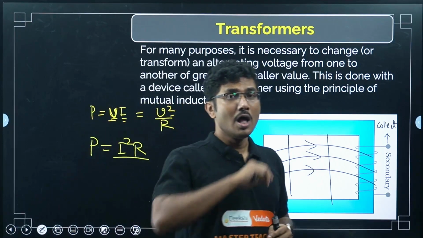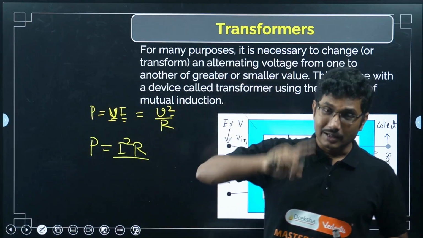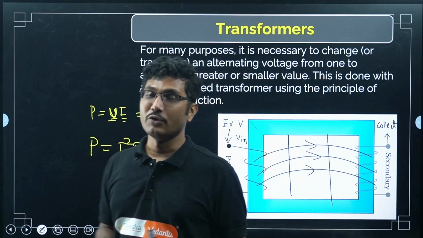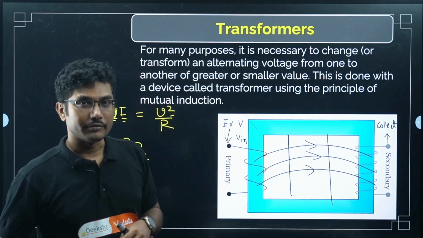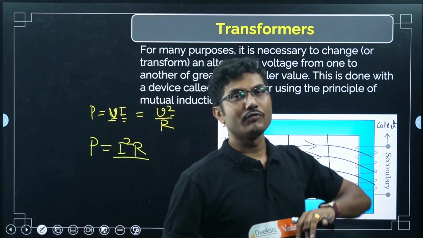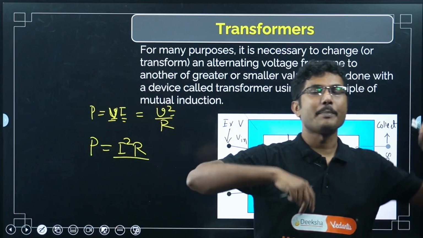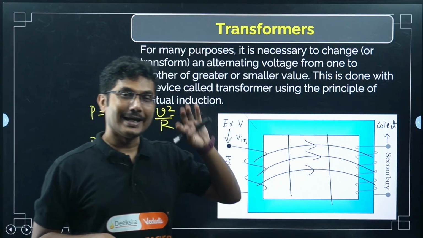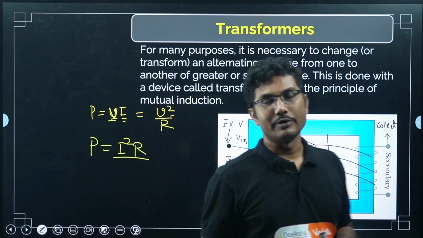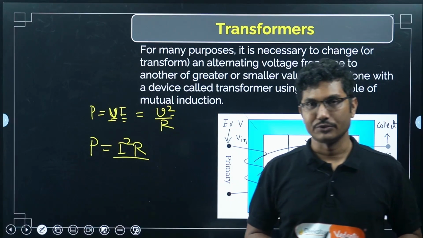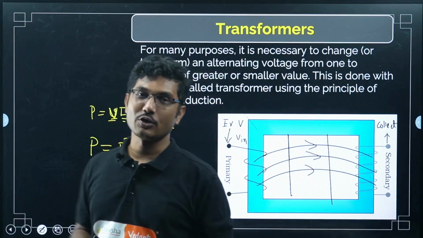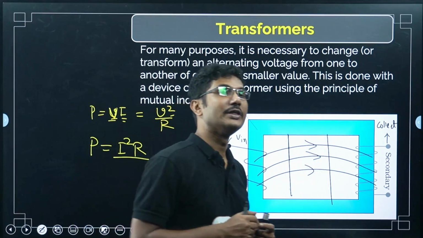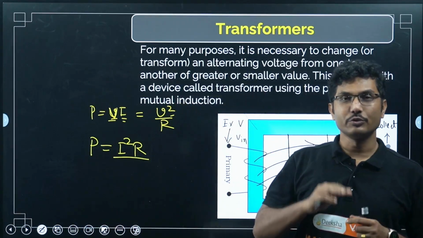So what they do is reduce the voltage from 1 kilovolt to 440 volts. Then that 440 volt is transported to different parts of the city. Now that 440 volt is again reduced to 220 volt before it reaches your house. So that final transformer outside your home reduces the 440 volts to 220 volts.